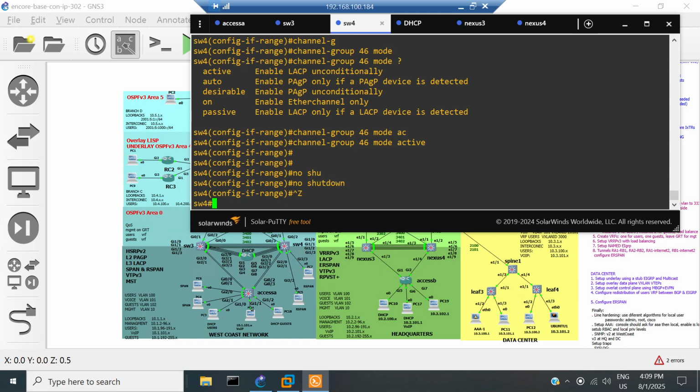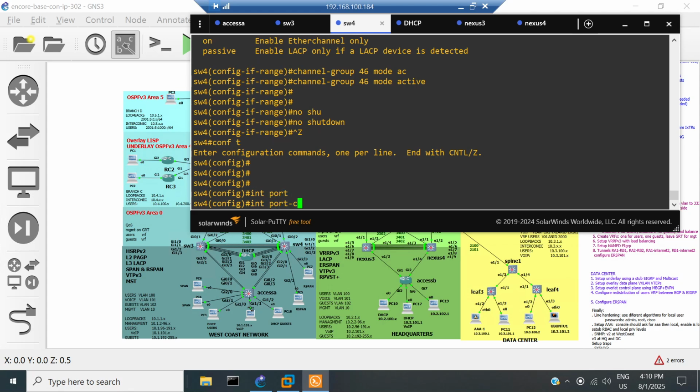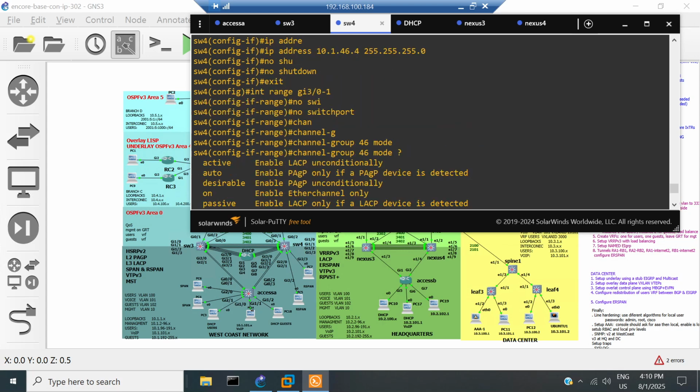Go ahead and create the other EtherChannel, the final EtherChannel, interface port channel, in this case 47.